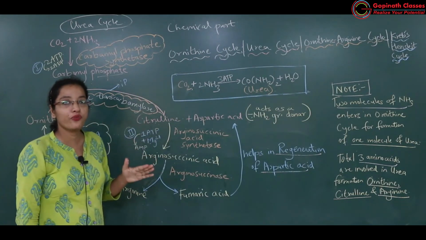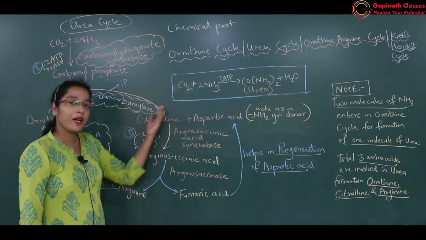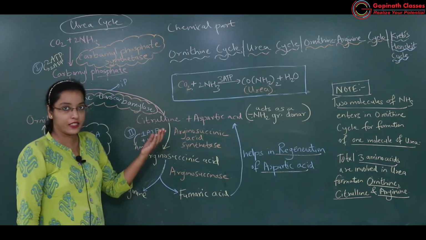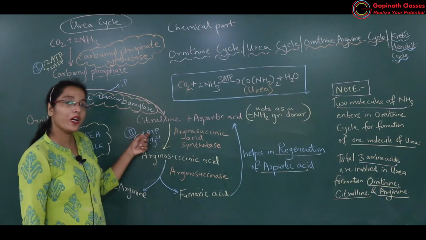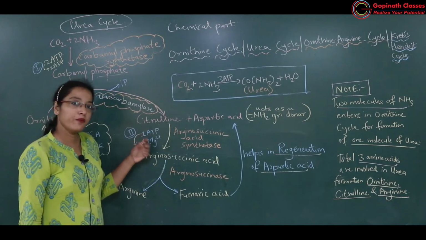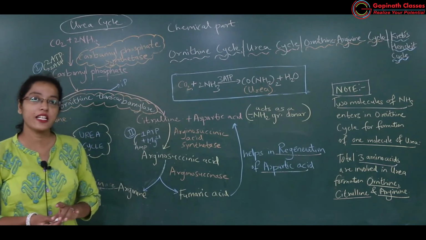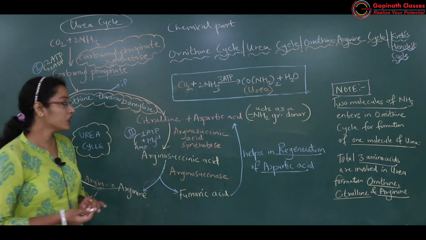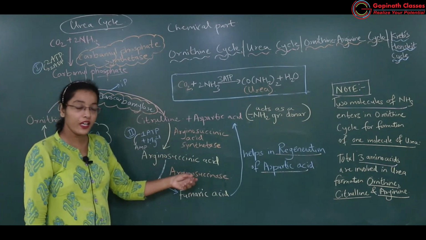This ornithine transcarbamylase will fasten the formation of citrulline. Citrulline is also one of the non-protein amino acid. Citrulline will take the amino group from aspartic acid, and likewise it will also utilize 1 ATP molecule and Mg2+ ions in presence of enzyme arginosuccinic acid synthetase, thus forming arginosuccinic acid. Okay.